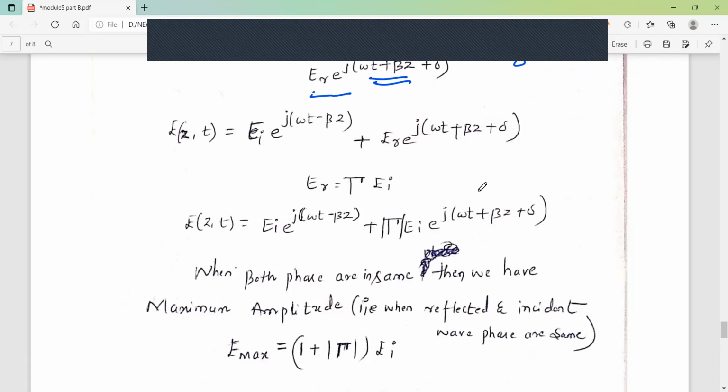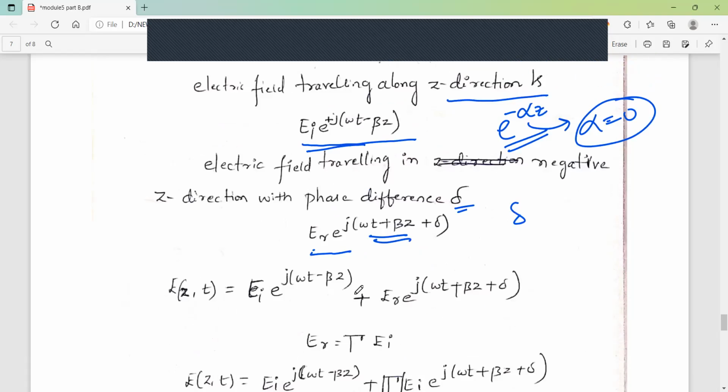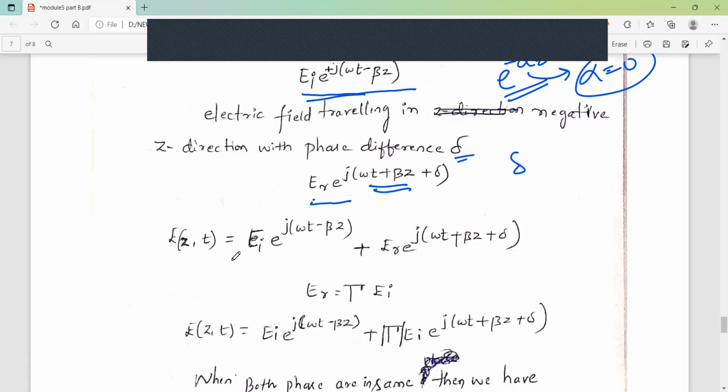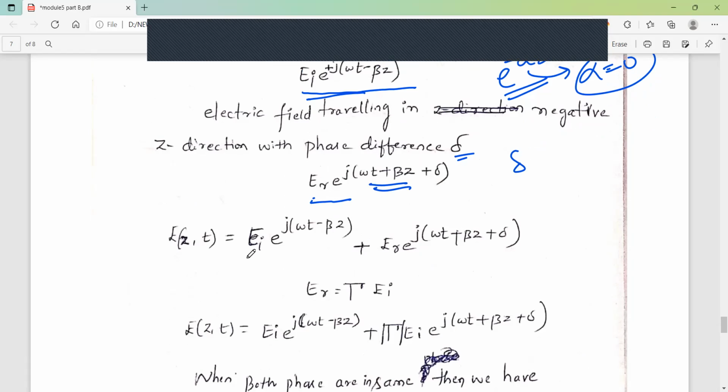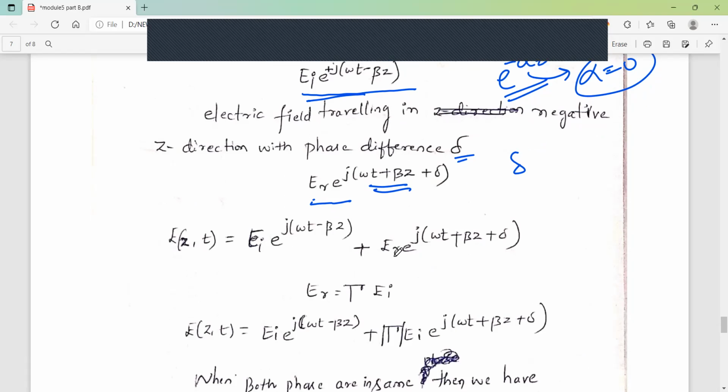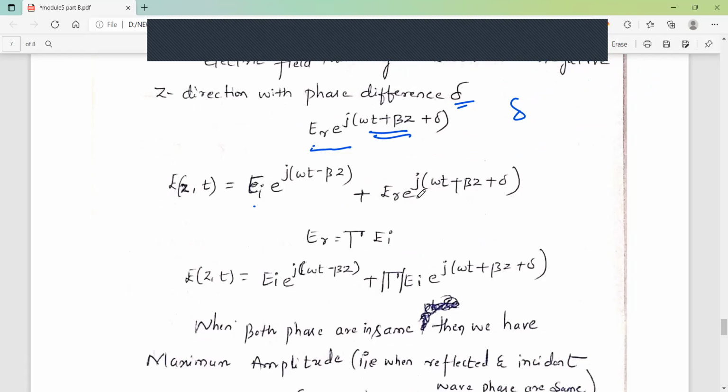Okay. Now, the total wave over here is nothing but incident plus reflected. So that we are writing over here. The total wave in medium 1 is incident plus reflected.